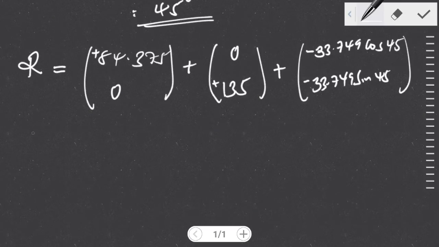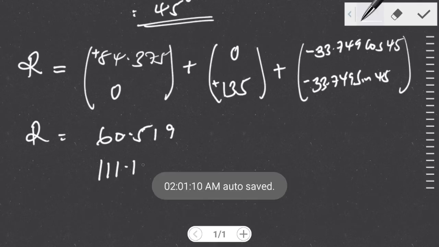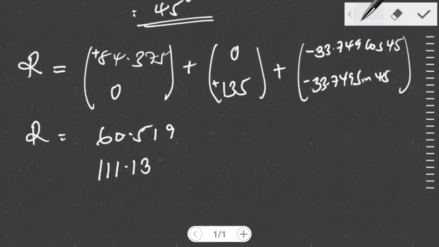So you find that the resultant will be equal to x, I'm going to have 60.519, and for y I'm going to have 111.1359.